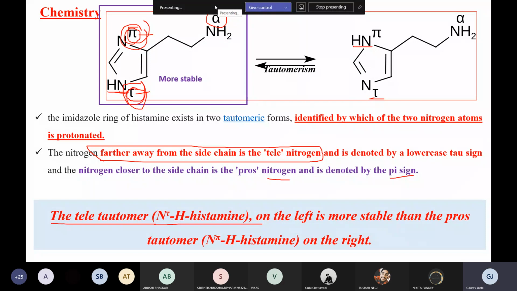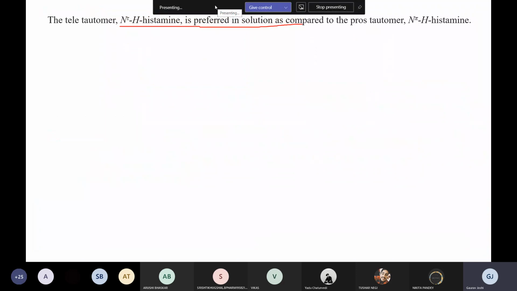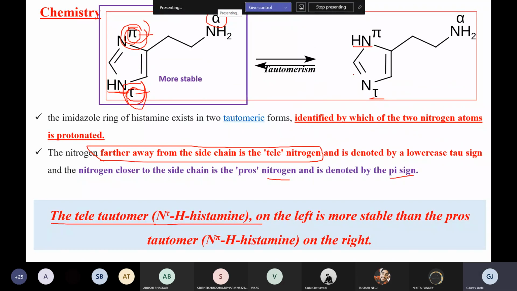If there is water or some buffer, it will be abstracting the proton. So why is this moiety more vulnerable compared to this one? The tele is more stable and the pi, or the pros, is more unstable. Can anybody tell the reason? What could be the probable reason?